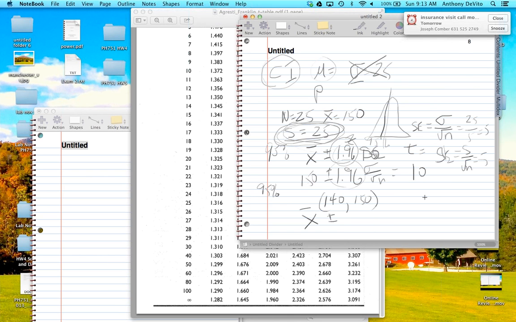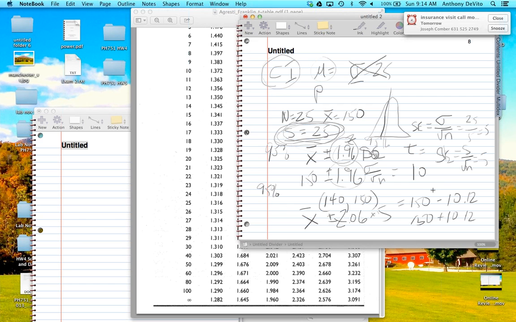So I'm going to go back here. I'm going to put plus or minus 2.06 times the standard error, which is 5, and this is going to come out to 150 minus 10.12, and 150 plus 10.12.